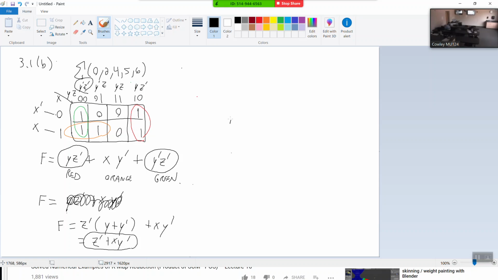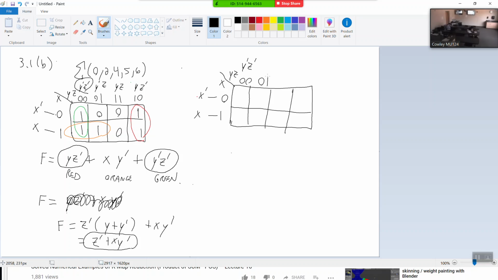Okay, so now if we focus on the other way, we got our X, we got our YZ, 0, 1. That's X prime, this is X. This is 0, 0, which is Y prime, Z prime. This one is 0, 1, which is Y prime, Z. I'll make them a little bit bigger so hopefully I don't screw up.